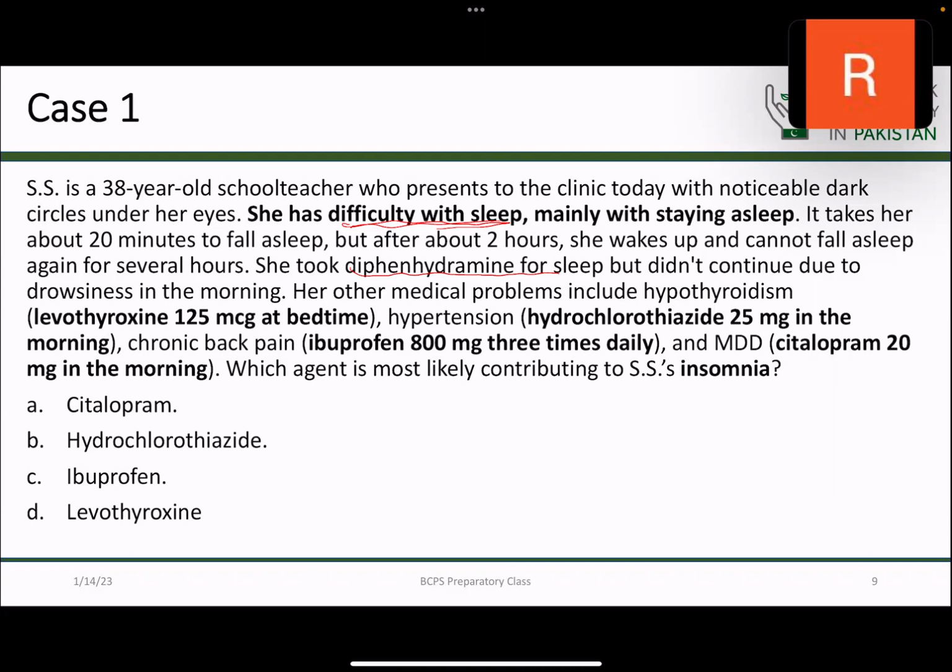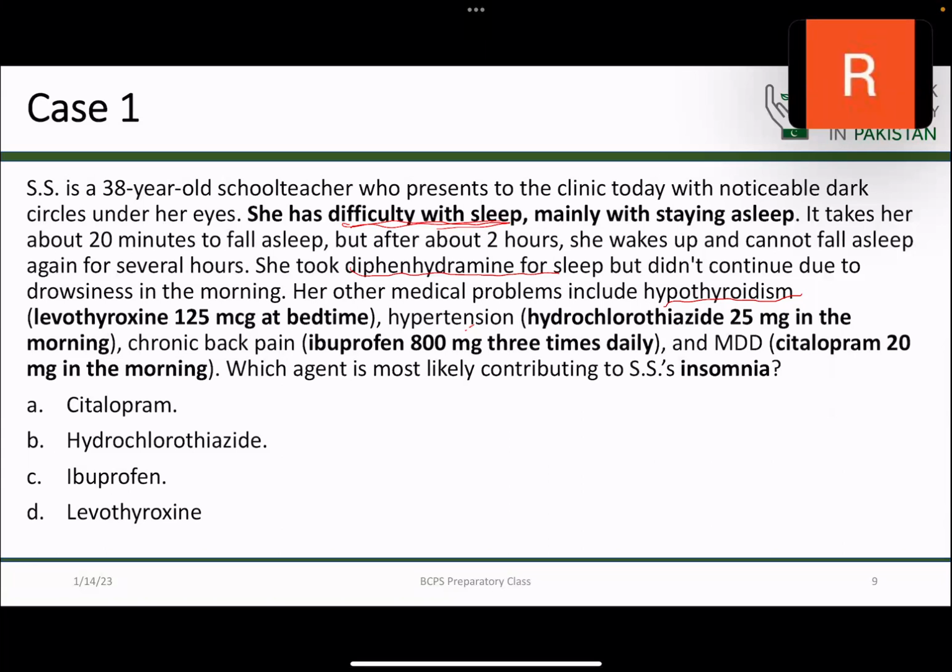Her other medical problems include hypothyroidism, for which she was taking levothyroxine 125 microgram at bedtime. She has hypertension, for which she is taking hydrochlorothiazide 25 milligram in the morning, chronic back pain, for which she is taking ibuprofen, and depression, for which she is taking citalopram 20 mg in the morning.